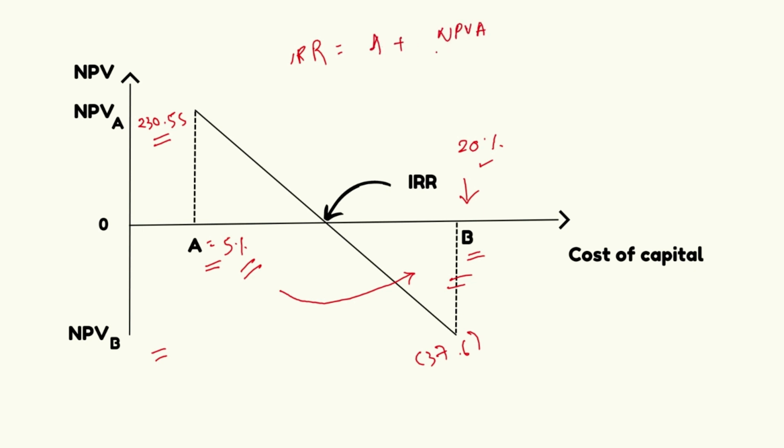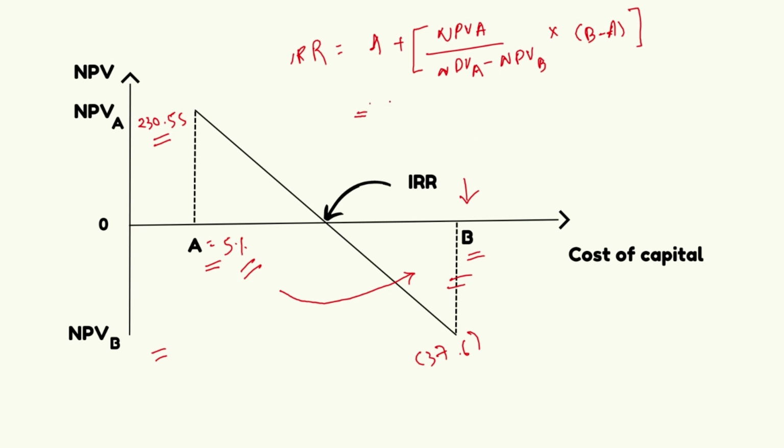NPV A divided by... these brackets are very important. Now let's assign the values to this formula.